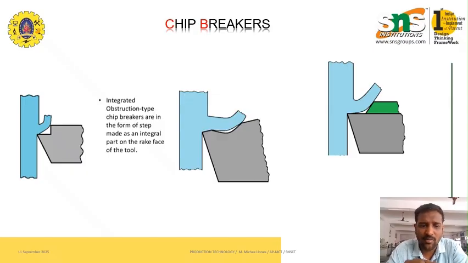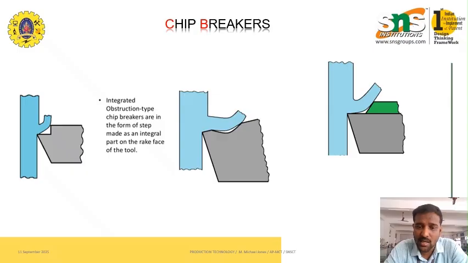In the obstruction type, we modify the geometry of the single point cutting tool. You can see the geometry of the tool. In the first case, the left picture, you can see a right-angled cut made on the tool. That will obstruct the chip, and when continuous chips are formed, it can make them discontinuous.